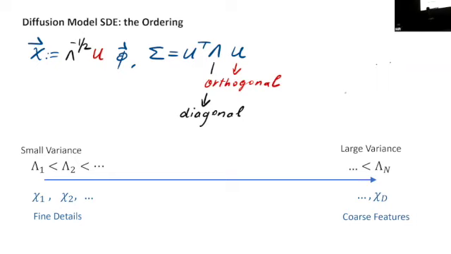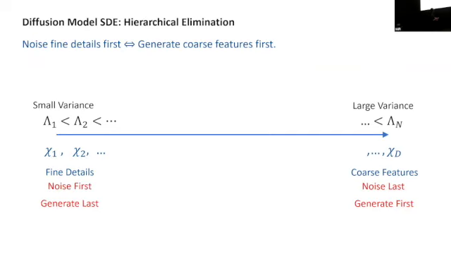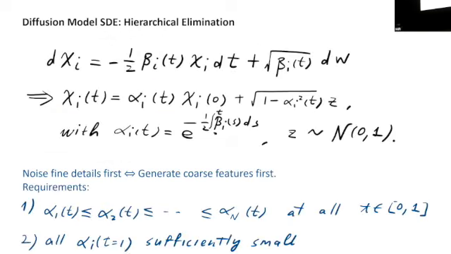The ones with larger variance represent the coarse features, so they are the low energy degrees of freedom in the RG analogy. And those with smaller variance are the fine details. So we want to noise these first and then noise those later. In terms of generation, of course, we want to generate the coarse features first and then generate the details later. Otherwise, the conditional will be absurd, and in particular not easy to learn.